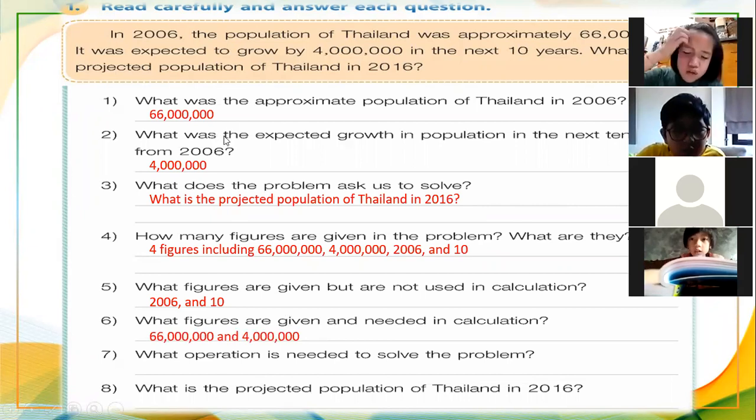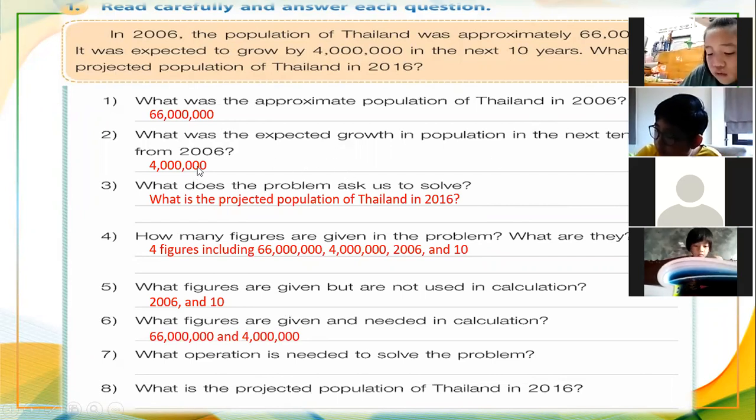So what are we going to add? We are going to add the first figure, what we have in 2006, and the second figure, the expected growth of 4 million.